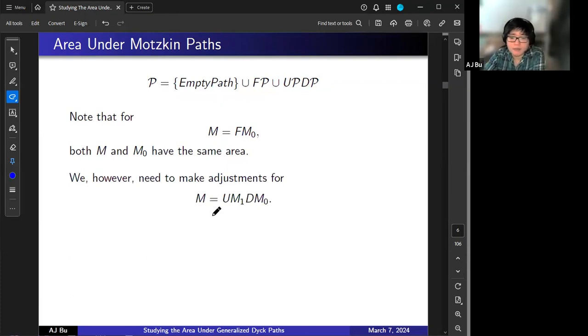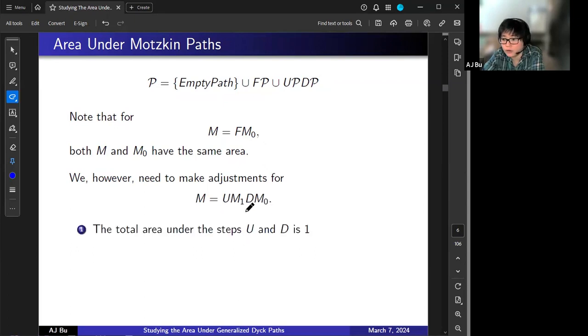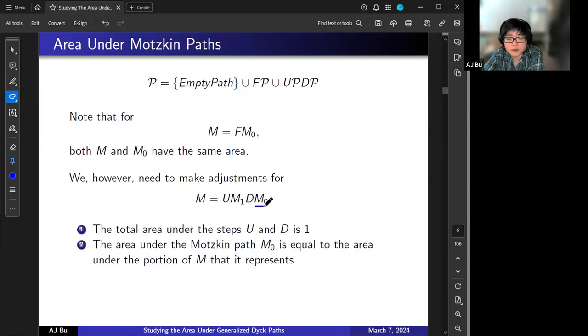But when we look at this final case, we're going to have to make some adjustments for the area. So if we have a Motzkin path that's written as M equals U, M sub 1, D, M sub 0, right, then we're going to first look at the area under the U and the D, right? And so that's going to give us a total area of 1. And then for M sub 0, we're not going to have to make any adjustments for the area since we're starting and ending at height 0.